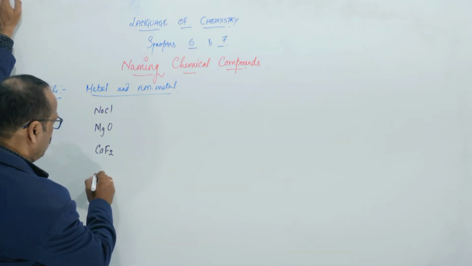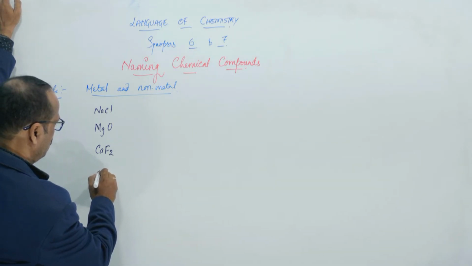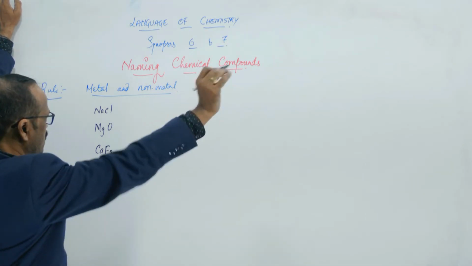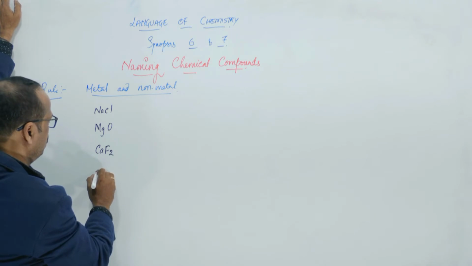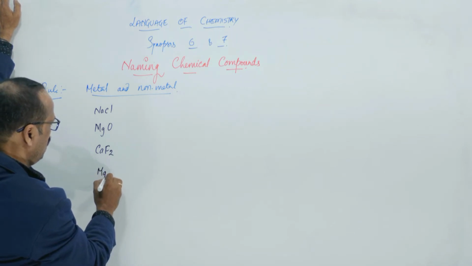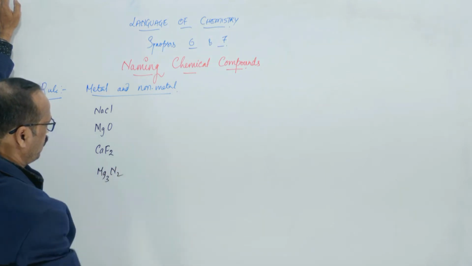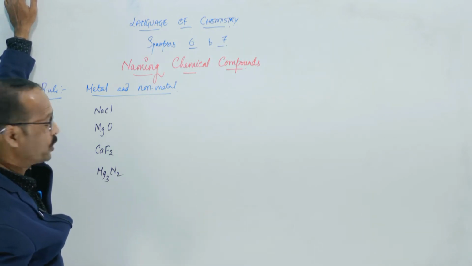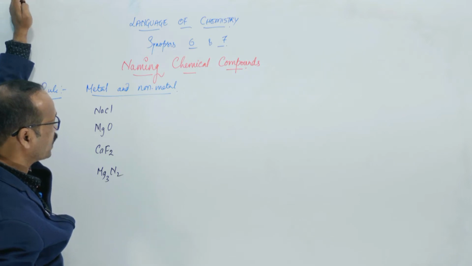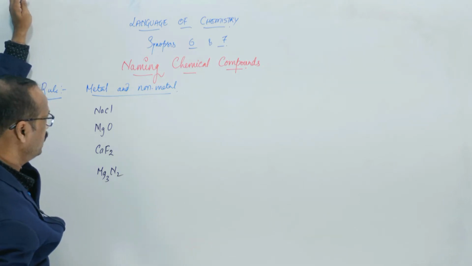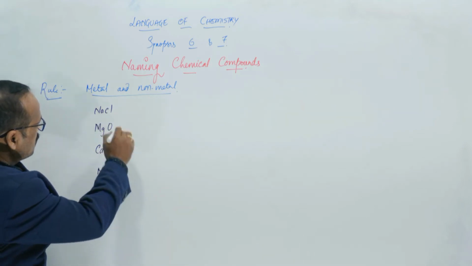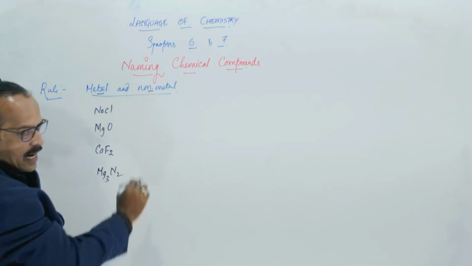Okay, one more also I'll write, Mg3N2. Okay, so like this, formulas are given to you, and they ask you to write the name. Now, if you observe, all these compounds are made up of metals and nonmetals.